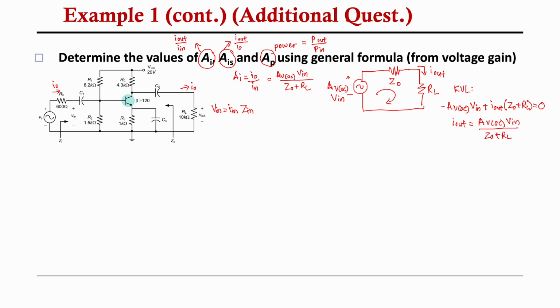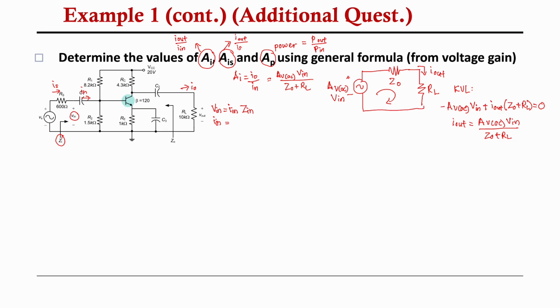This is our input, V at the input. I in is at this particular part. I in multiplied by Z in gives us V in.